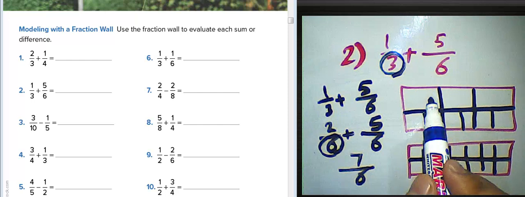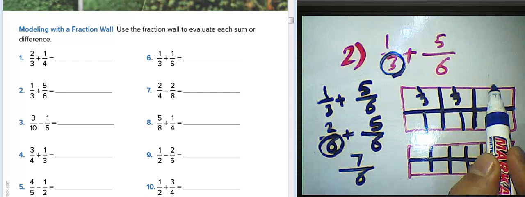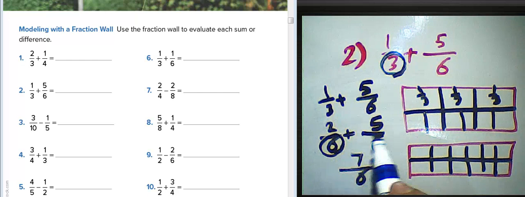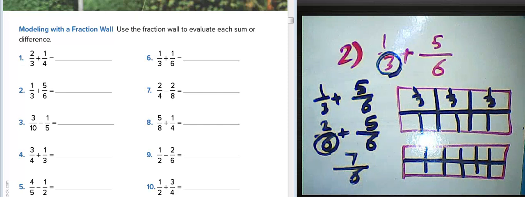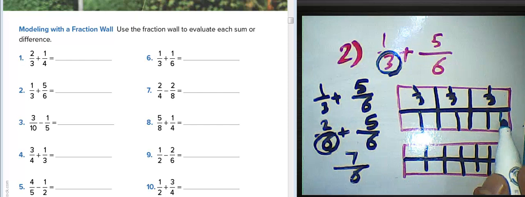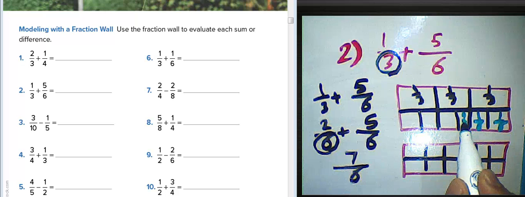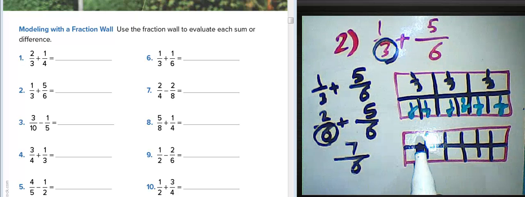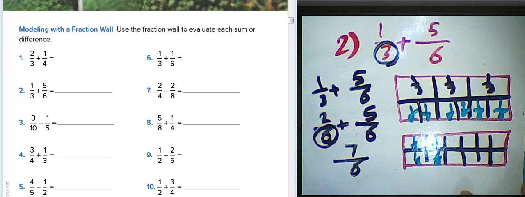Next step, write inside each one 1 over 3, and write here 1 over 6. And write 1 over 6 in each square, 1 over 6, 1 over 6, in each one here 1 over 6.